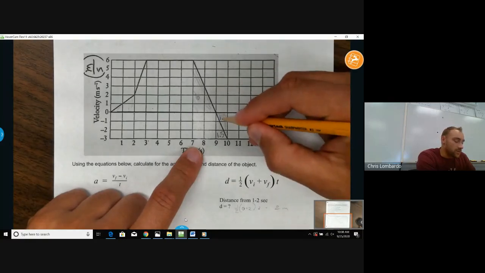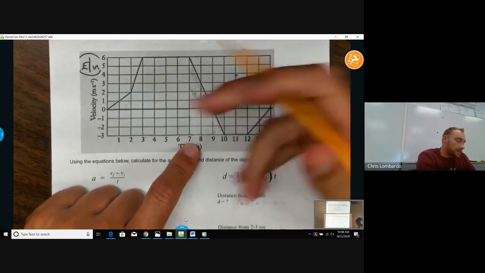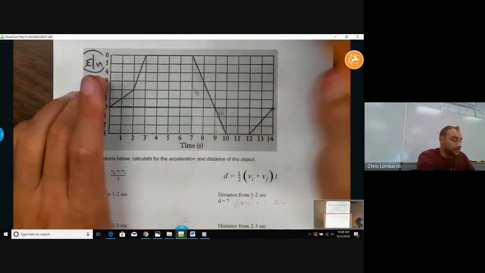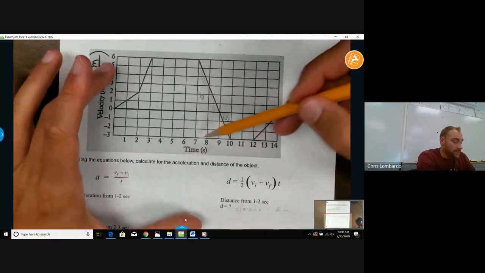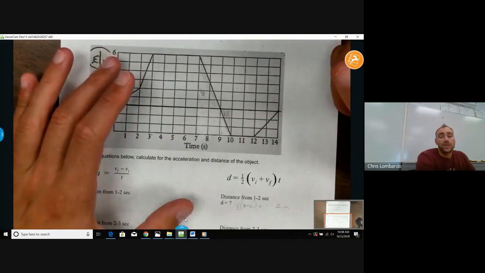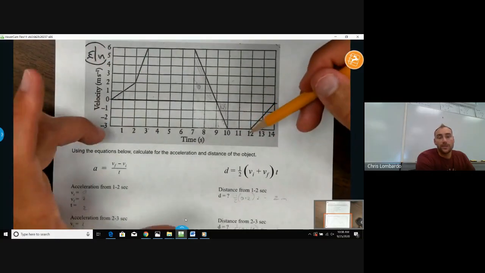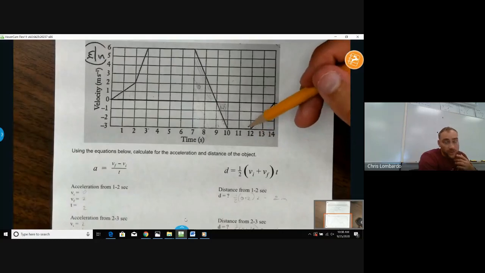So this would have been a 1.5. So from 7 to 10 seconds, it would have been a total of 7.5. Then from 10 to 12, you're moving at -3 meters per second for 2 seconds.